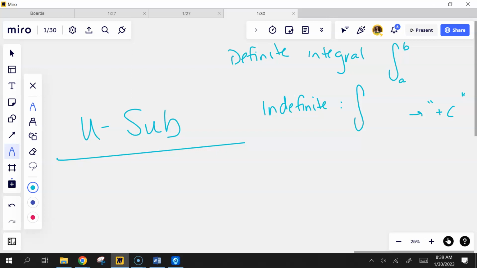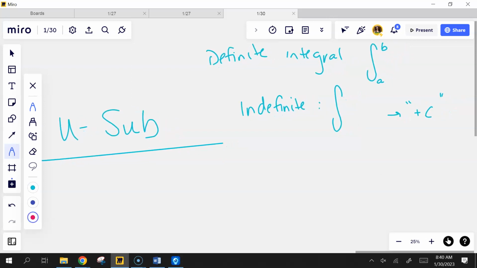Now, all the same properties, all the same rules still apply as far as you can add, you can subtract, you can pull that constant out front, all that's the same, whether it's a definite integral or an indefinite integral. So just as a reminder, if I'm asked to evaluate that, what would that equal?